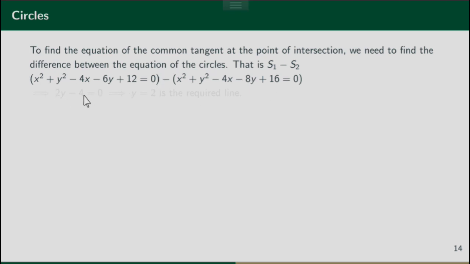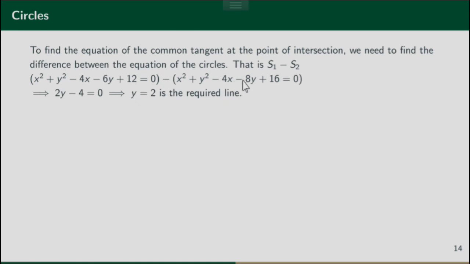I will subtract them algebraically. x squared minus x squared, 0. y squared minus y squared, 0. Negative 4x minus negative 4x, 0. Negative 6y minus negative 8y gives positive 2y.